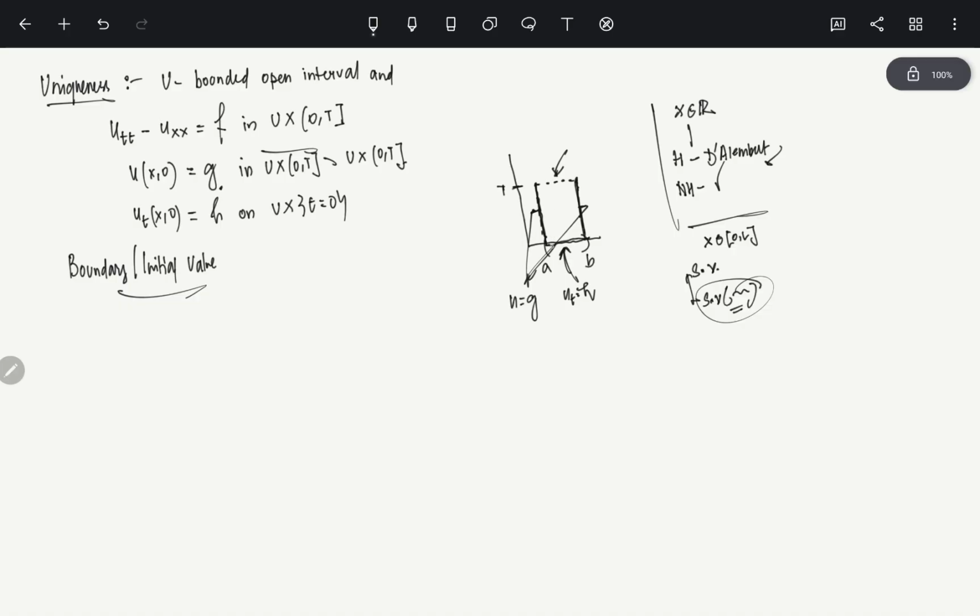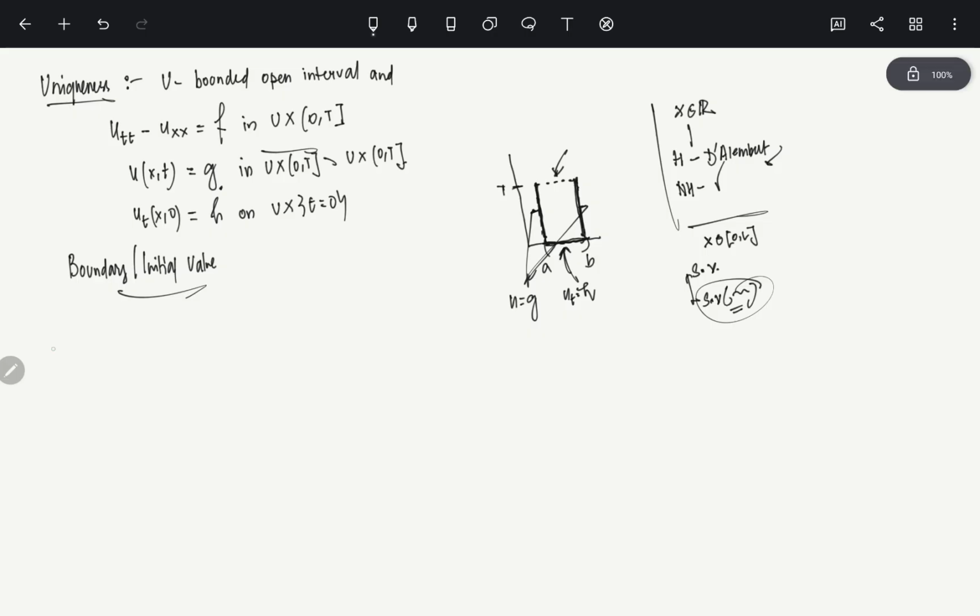Here we are assuming u is g on this line, u_t is h on this line, but here also we have something which is non-zero. So u restricted to those two lines is non-zero. Okay, so t equals 0. I should write it as T. Sorry, there is a mistake here. This is T. Okay.